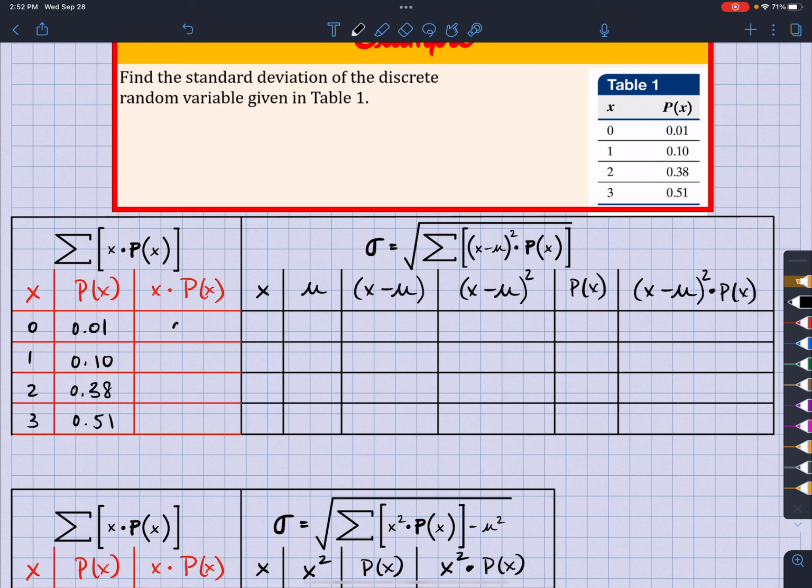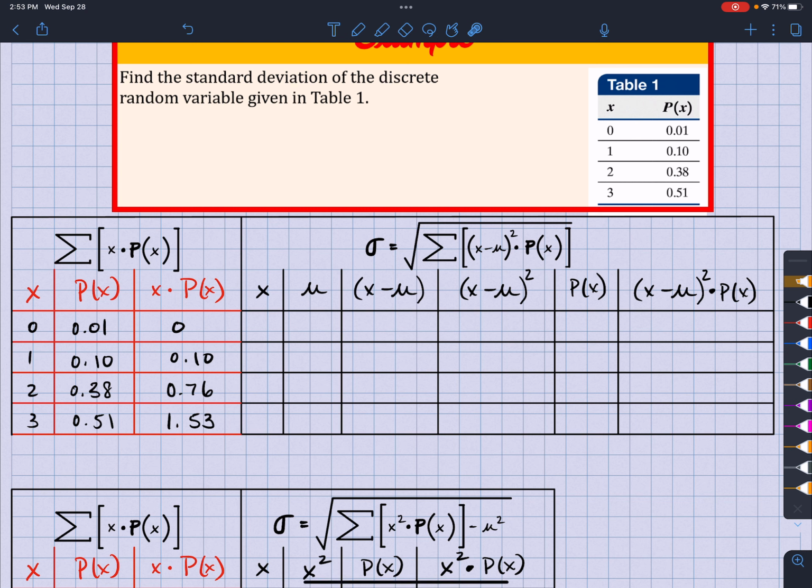All right, now let's multiply them, right? I'll do the first one, no problem. 0 times 0.01 is 0. 1 times 0.10 would be 0.1. And then this would be 0.76. And 3 times 0.51 is going to be 1.53. So what this is telling me is first I've got to find the product of each of these two, and then I have to sum them.